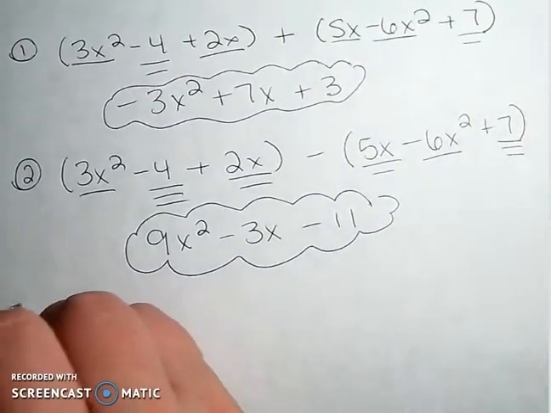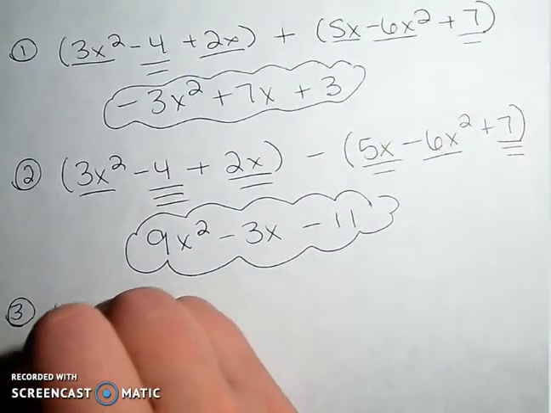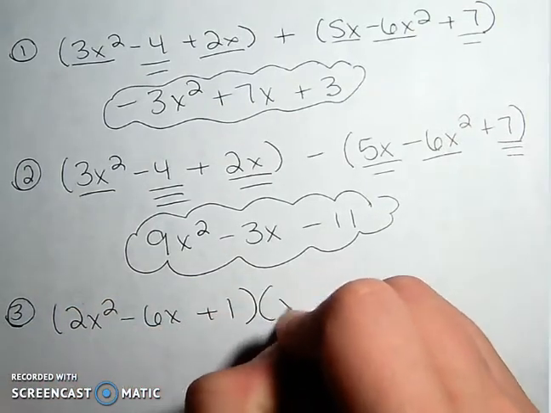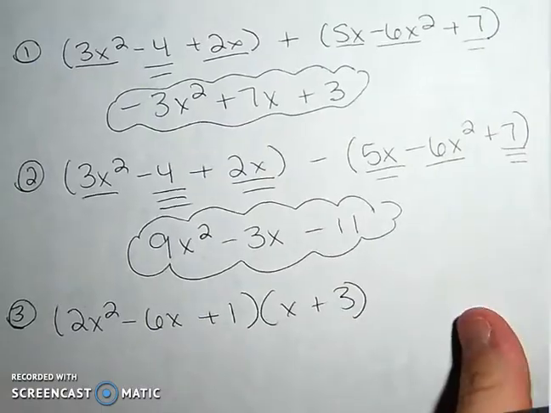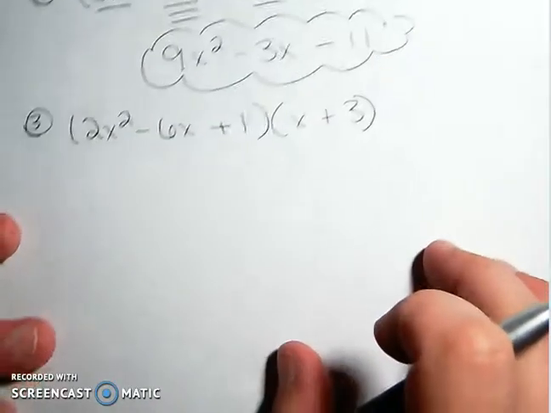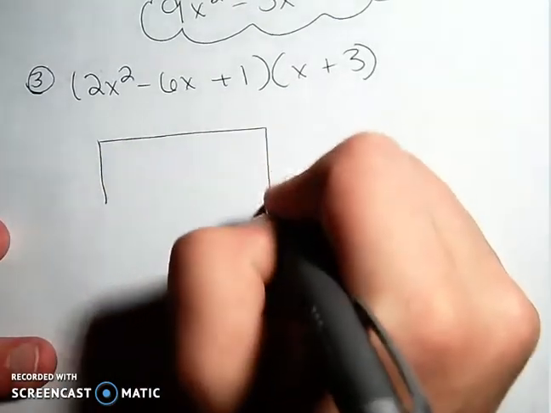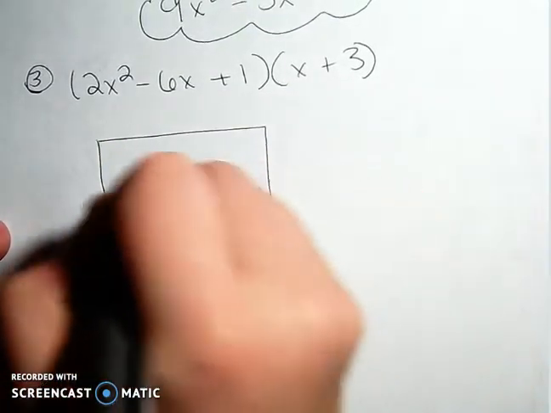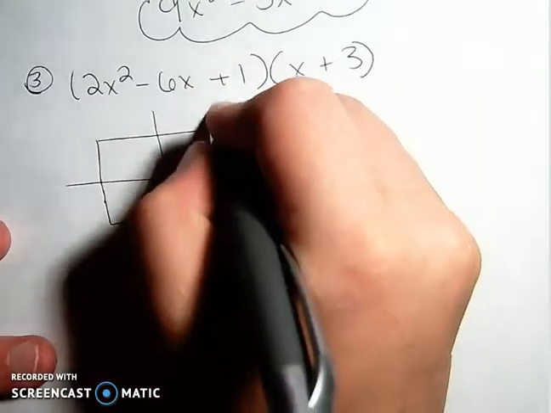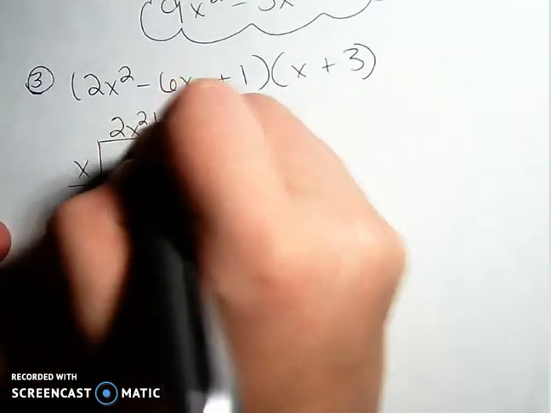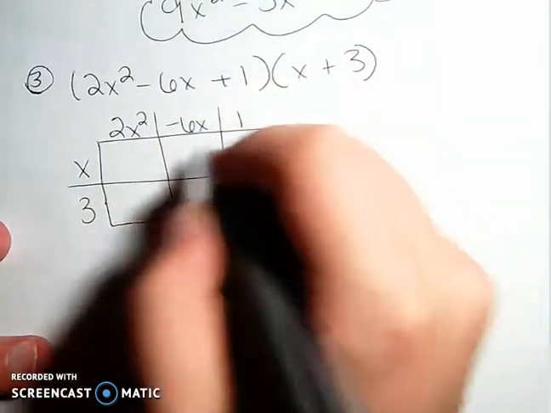Next, to multiply, say 2x squared minus 6x plus 1 times x plus 3, you have a couple different options. One, you can box it, which is, remember, you draw a box, divide it out, so x, 3, 2x squared, negative 6x, and a 1.